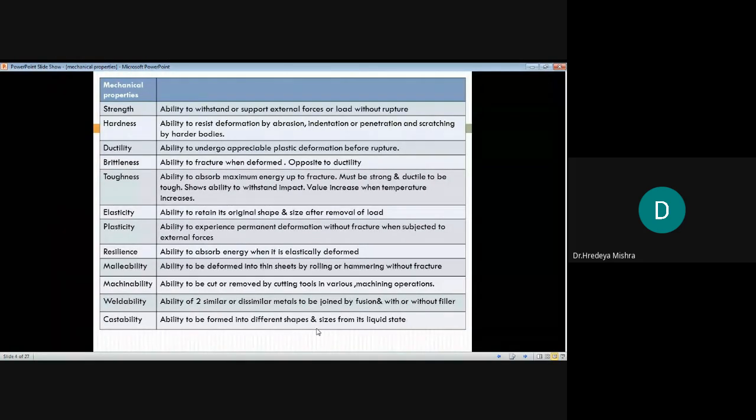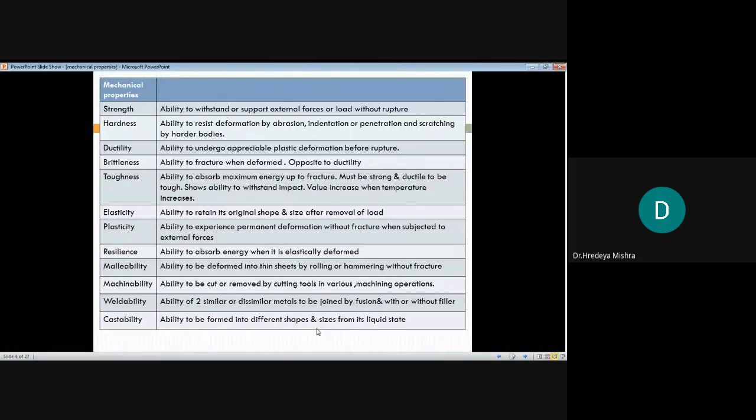The meaning is, when we apply force on any component, whatever plastic deformation happens before the fracture or rupture, that is called ductility.